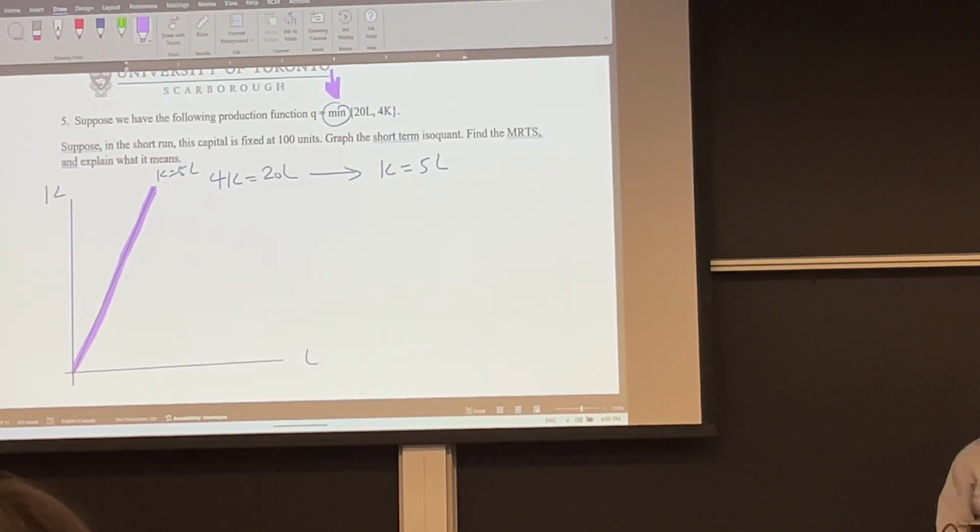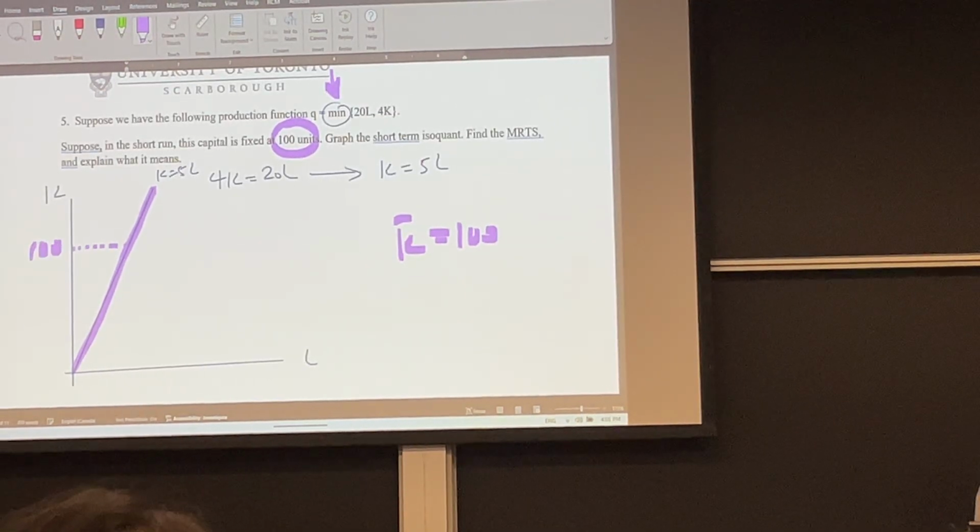Suppose a company fixes the capital at 100. Then what should they do? The only efficient production becomes higher.